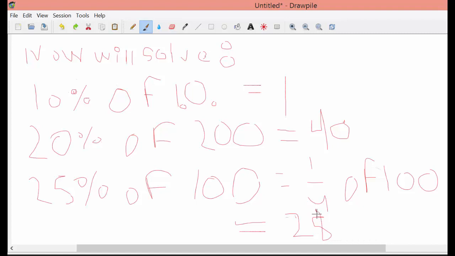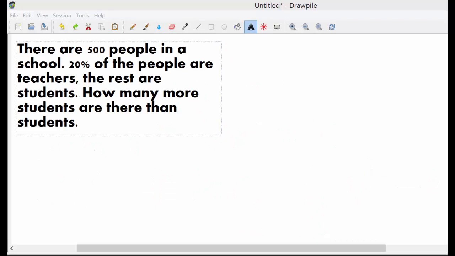Now we will move on to higher percent problems. We will do a word problem. There are 500 people in a school. 20% of the people are teachers. The rest of them are students. How many more students are there than teachers? To figure this out, first we need to calculate the percent that are students.